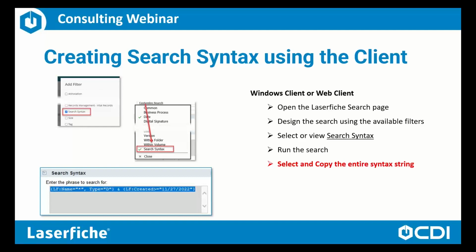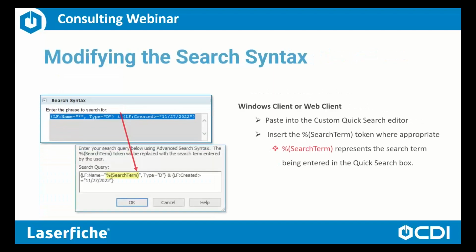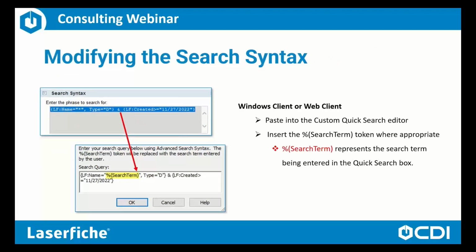From there, we can easily select that entire search syntax and copy that search string. Once we have our search string copied, we can then paste that into our custom quick search editor dialog and replace any text that we need to with the search term token where appropriate.